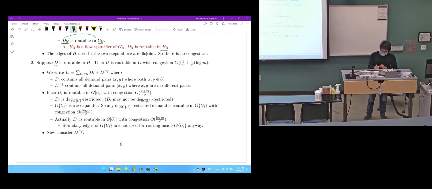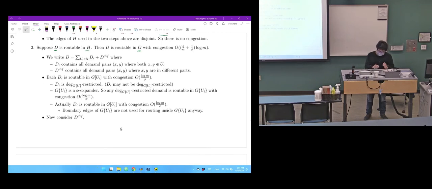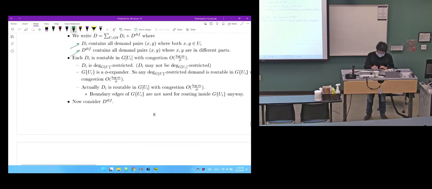Now for the other direction, where you can route in H, you want to route in G. Okay. So like before, you have the demand inside each part. This part is just the same, nothing changed. But how about the demand between different parts?